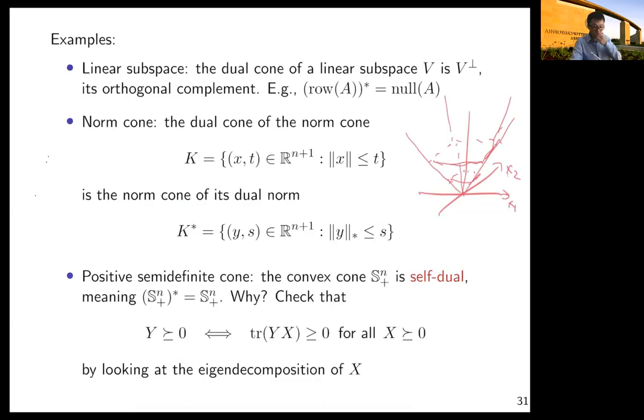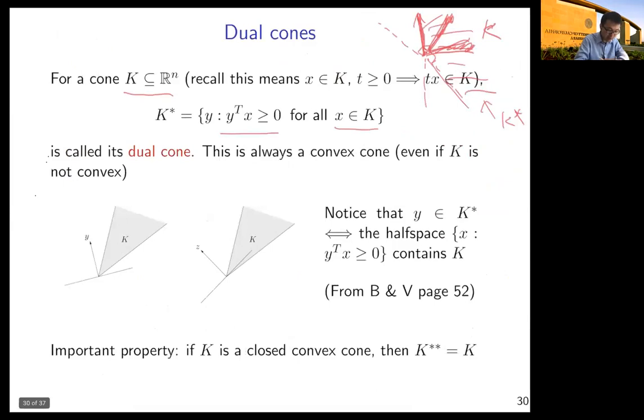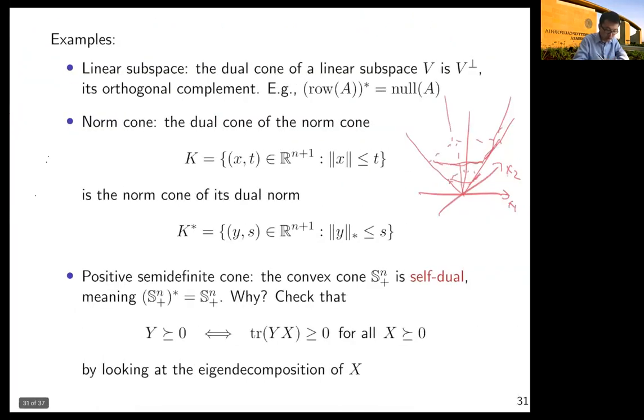Okay, so if we consider all the supporting hyperplanes of this L infinity norm cone, you see that the intersection of the hyperplanes that satisfy y transpose x larger than 0 would carve out a cone that looks like this.